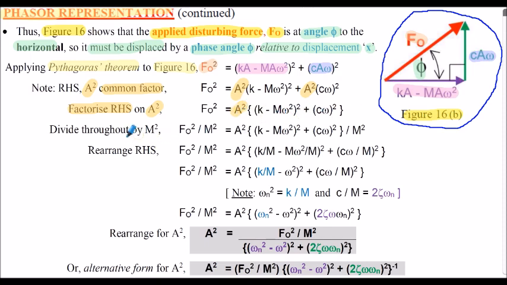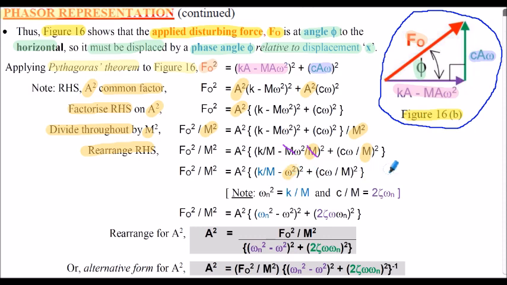I've then divided throughout by m squared, so now every term gets divided by m squared. I just rearrange the right hand side here, put the m inside of the squared bracket. On this next line here, I simply cancel the m in the numerator with the m in the denominator to leave me with simply the omega squared term here.